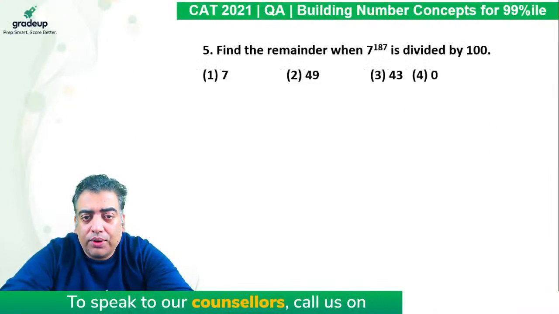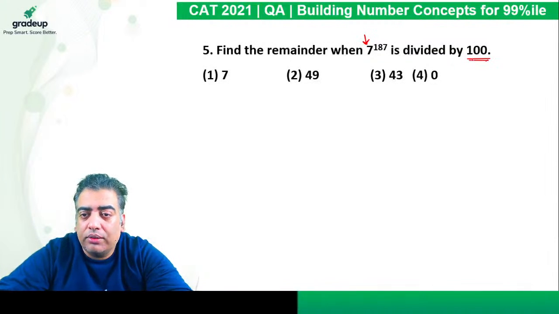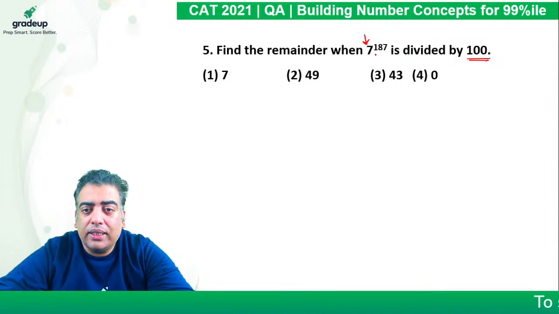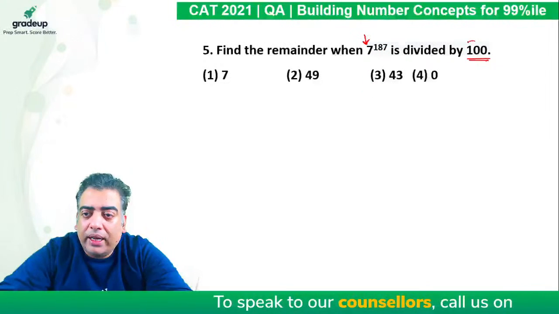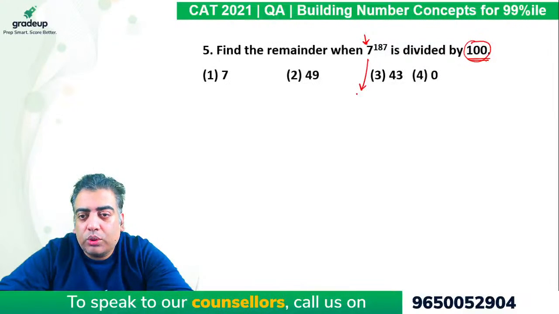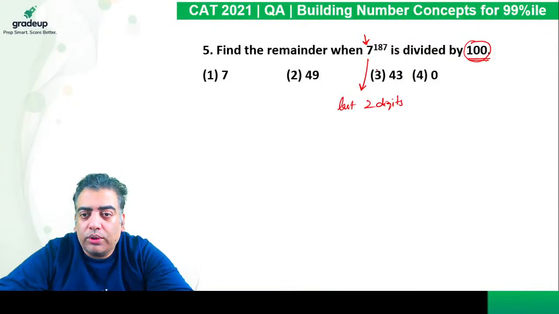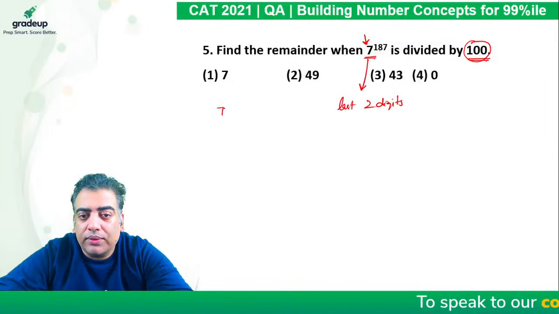Okay, so let's move on. Here it says find the remainder when 7 raised to power 187 is divided by 100. This is one example that I discussed yesterday. Whenever you divide a number by 100, we effectively require the last two digits of the given number. And in order to do so, we just need to observe the pattern of the different powers of 7.